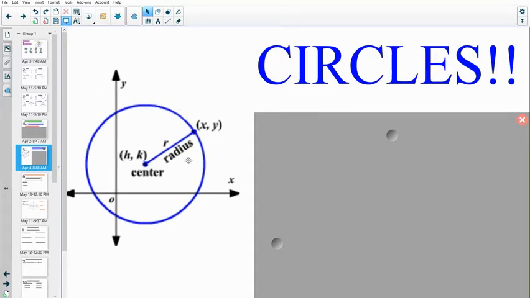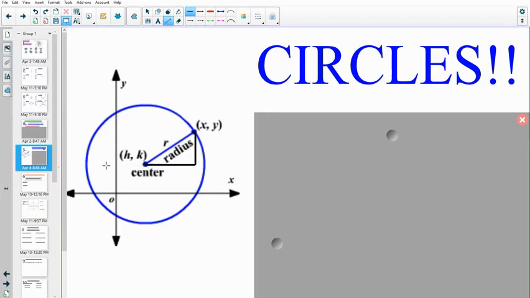And so as I think about this in terms of the distance formula, or actually I'm going to go with the Pythagorean theorem, if I draw in a right triangle where I've got a horizontal and a vertical section, of course those are perpendicular to each other, this length right here, the base of this triangle, is the quantity x minus h.